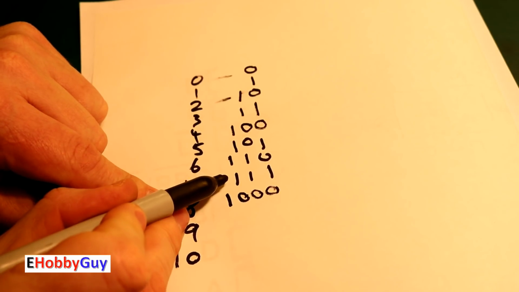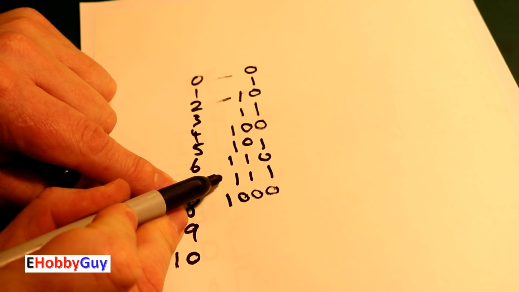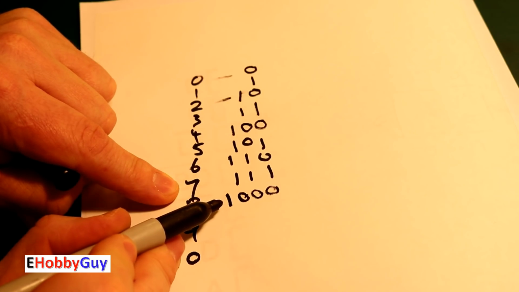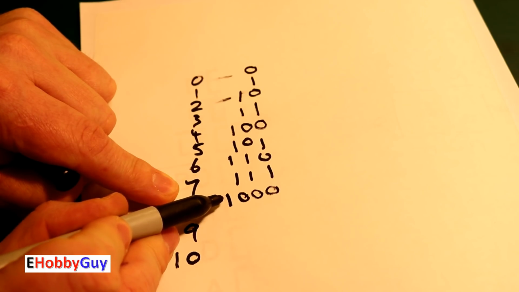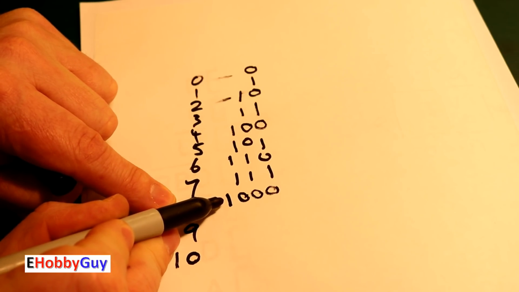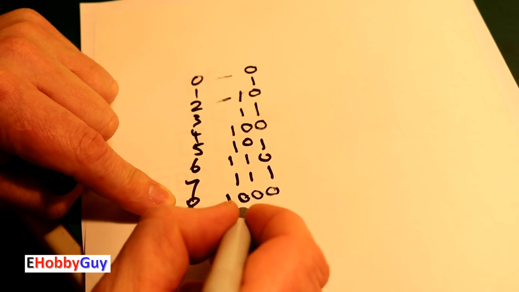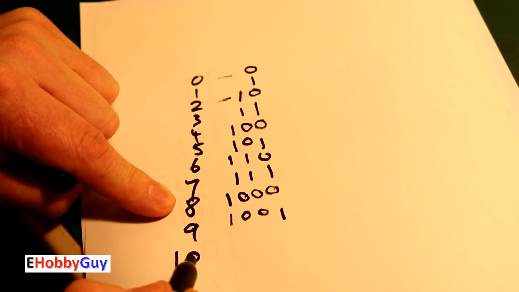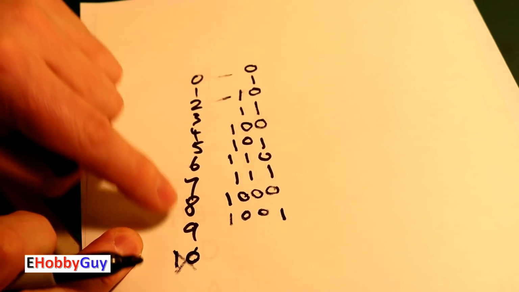With only 3 digits, we get 0 to 7. We can't get any higher. We must add a 4th binary digit to get above the number 7. And so once we get to that 4th digit, that can continue all the way up to 16 in binary, actually in hexadecimal. I'll just continue it going up to the 9. The 10 is of no interest to me right now, because we're only looking at 1 digit, and it's going to count from 0 to 9.